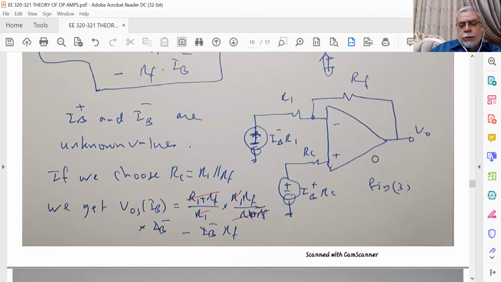So using superposition of the two inputs, VO1 will be minus RF divided by R1 multiplied by IB minus R1. And the second output, VO2, will be equal to 1 plus RF divided by R1 multiplied by IB plus RC.